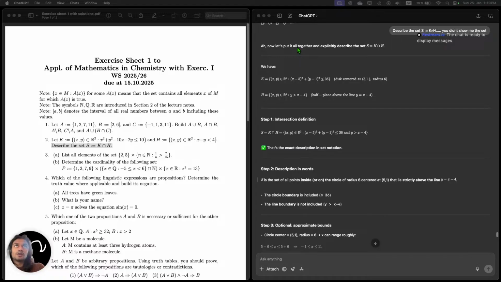Let's put it all together and explicitly describe the set. Half of the plane above the line. Intersection definition. That's the exact description in set notation.